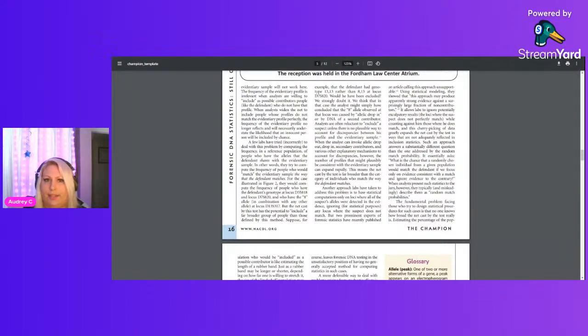We think that in that case, the analyst might simply have concluded that the 8 allele observed at that locus was caused by allelic drop-in or by DNA of a second contributor.